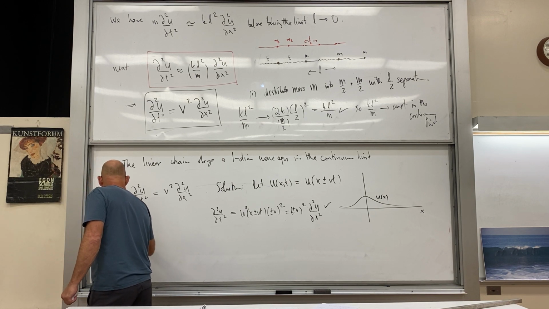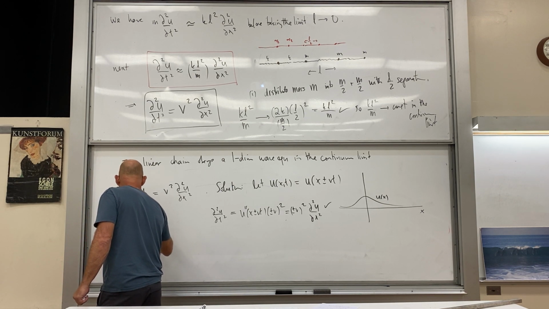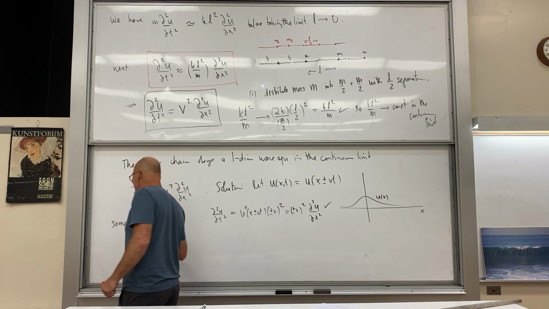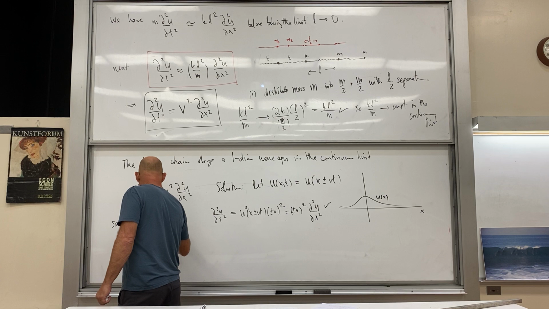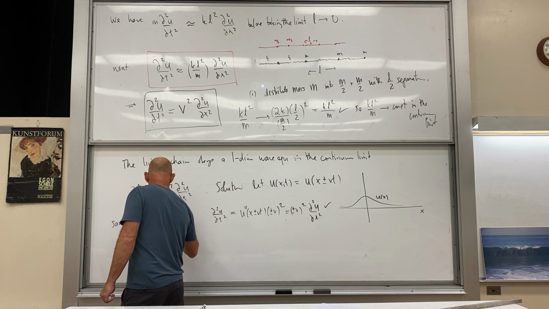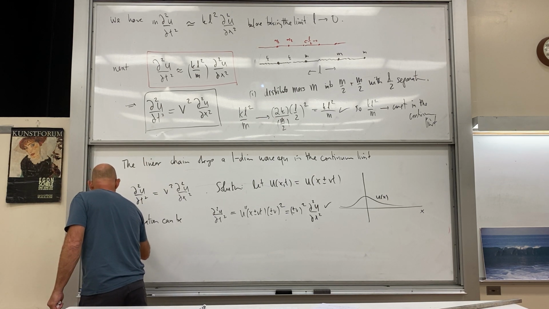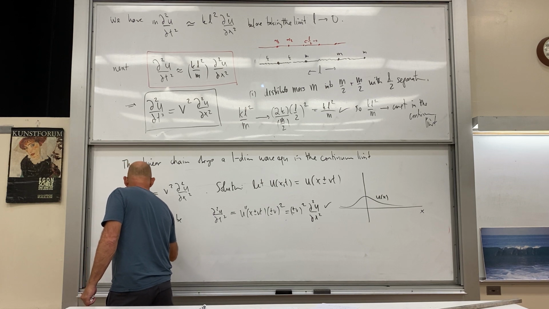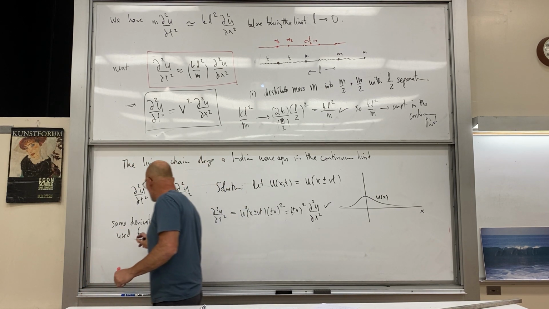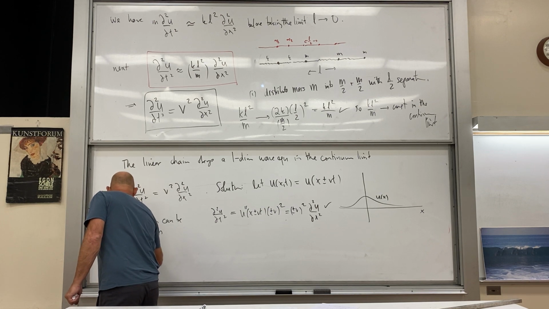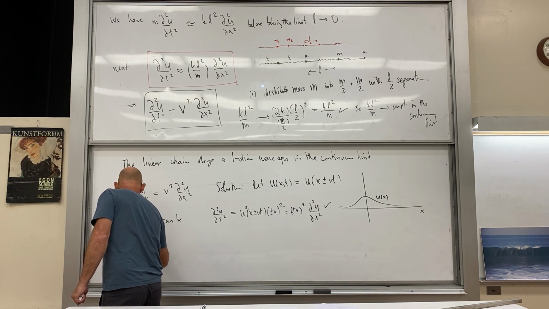I'll just write here, same derivation, beginning with the Euler-Lagrange equations, can be used for both. You just relabel things a little bit differently for both longitudinal and transverse waves.